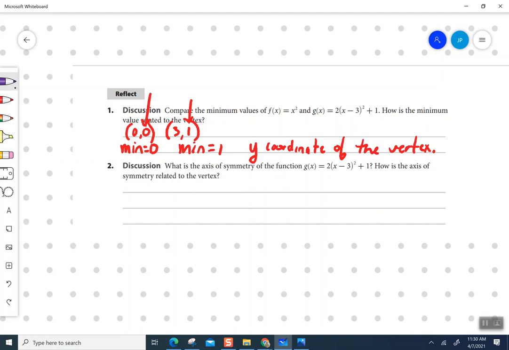Okay, now it's time to do question number 2. What is the axis of symmetry of the function g of x equals 2 parentheses x minus 3 squared plus 1? How is the axis of symmetry related to the vertex? Okay, now for this one, we got to go back to our graph.